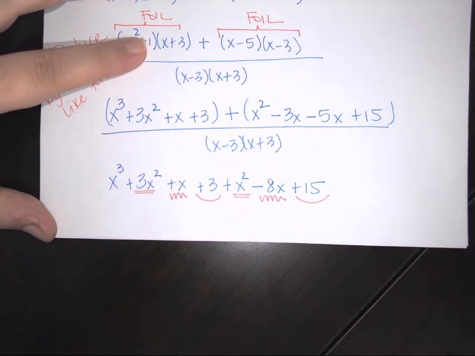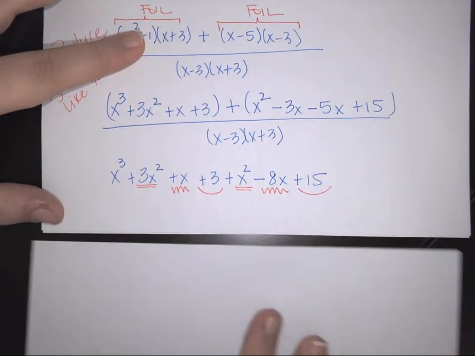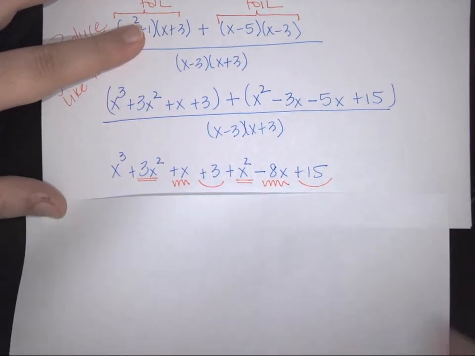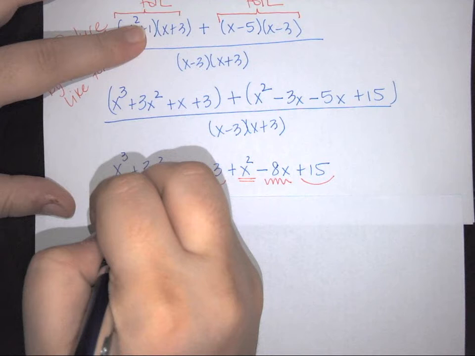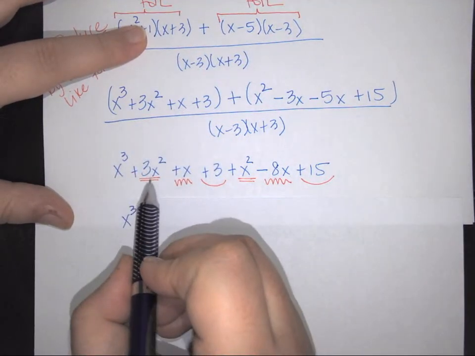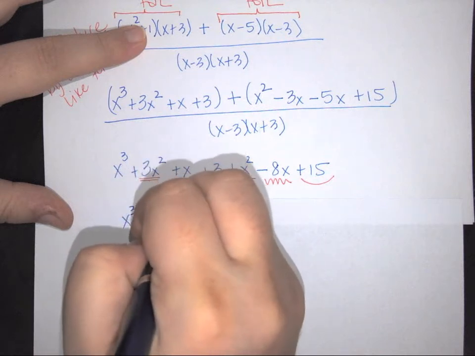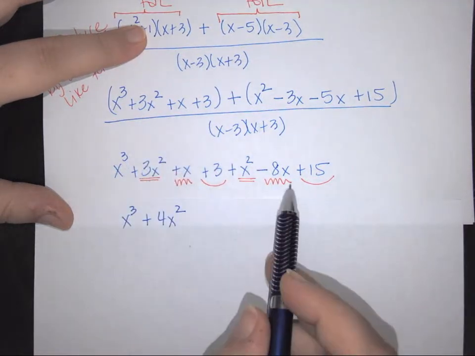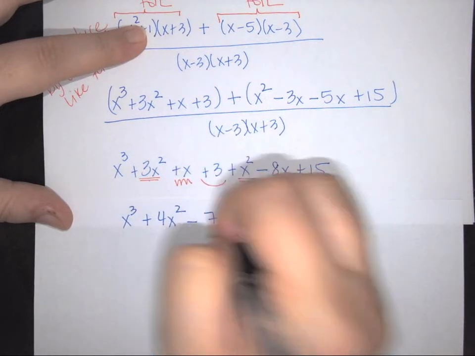So when I'm doing that, I have to be able to combine my terms together. And so here, this is going to give me x cubed. And then I have 3x squared plus an x squared gives plus 4x squared. I have x minus 8x is a minus 7x.